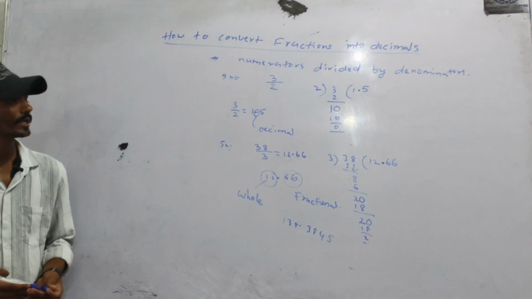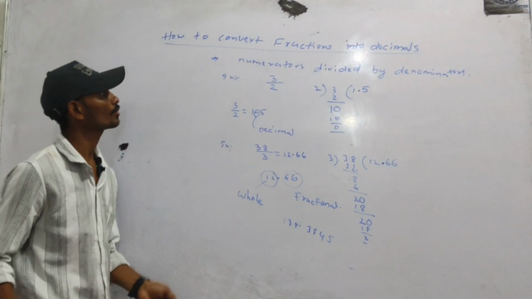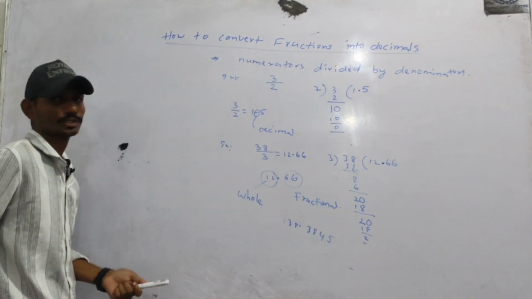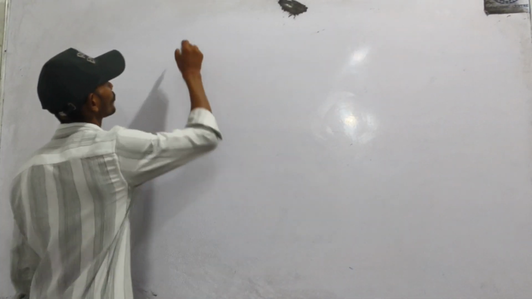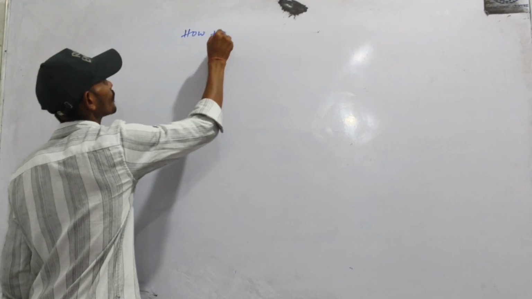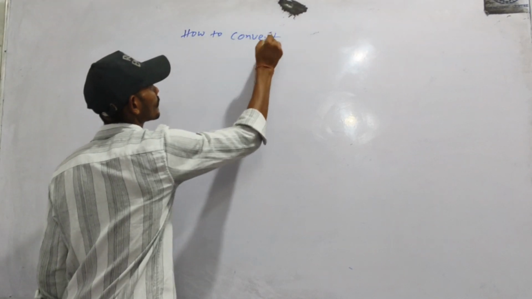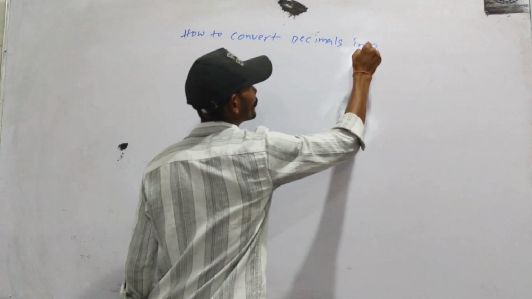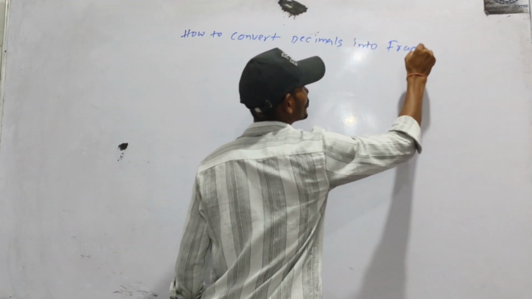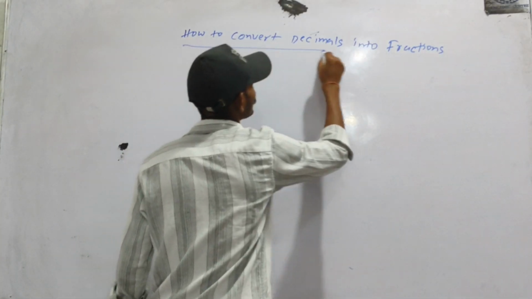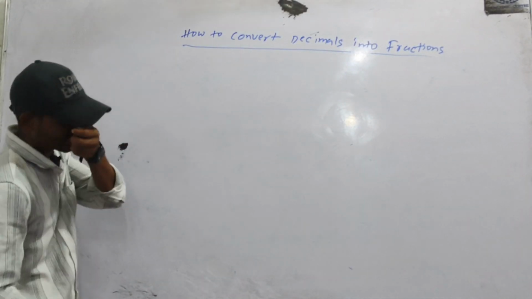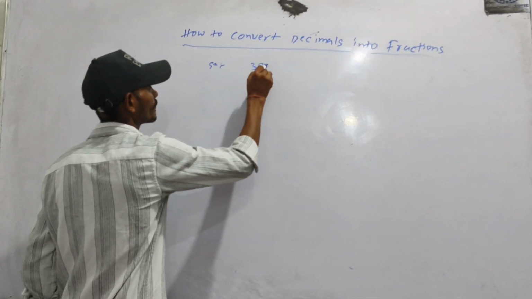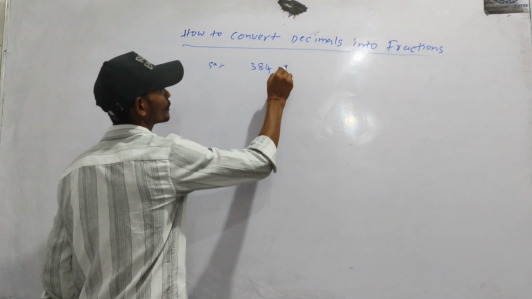Okay, I hope all of you understand how to convert fractions into decimals. Now, how to convert decimals into fractions. There is one logic. Example, 384.5.